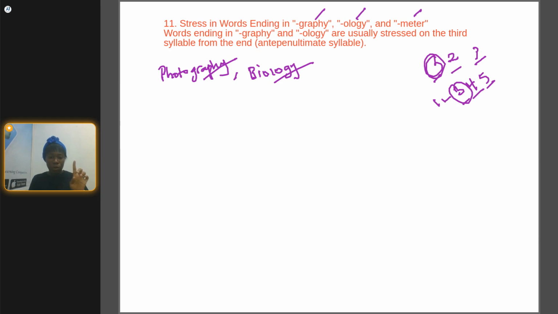Phy is the last syllable. Ra is the second to the last syllable. Then we have to as the third to the last syllable. So we have Pho, To, Ra, and Phy. So it means that the stressed syllable is on To.